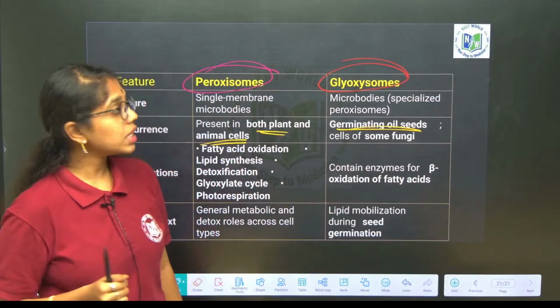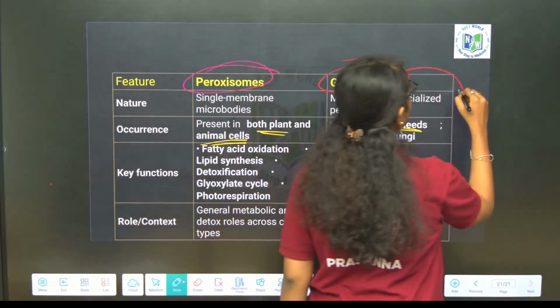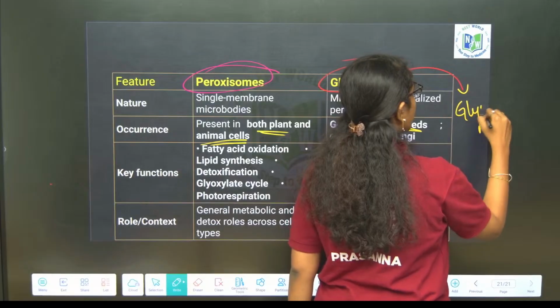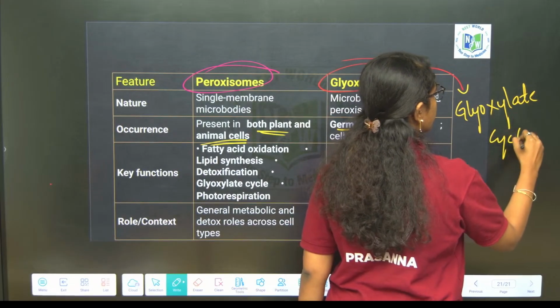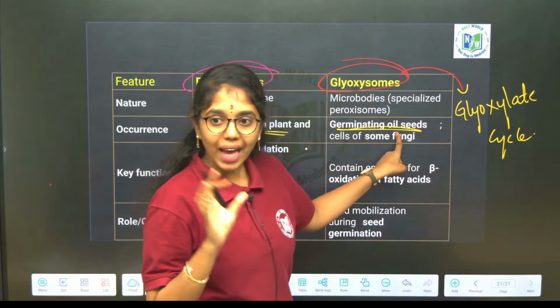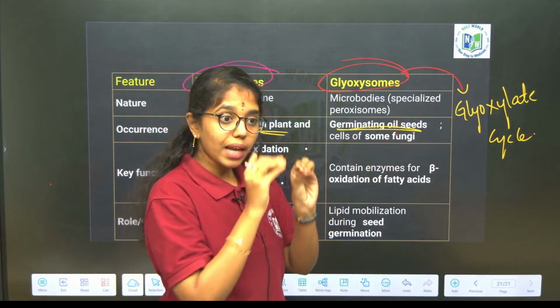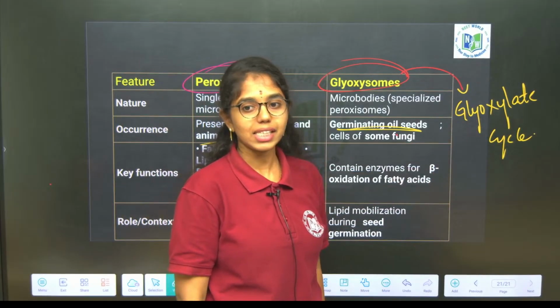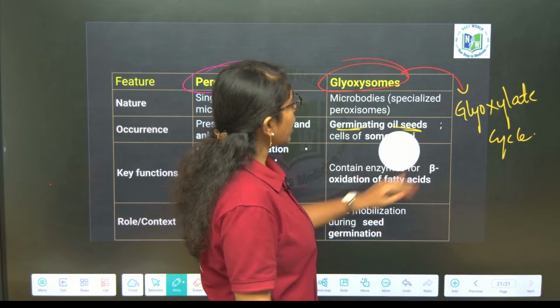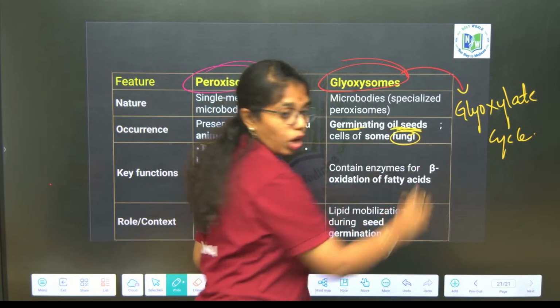Why? In glyoxysomes the glyoxylate cycle operates, where oil seeds have fats or lipids that are converted to simple glucose molecules by this glyoxylate cycle. They are also present in fungal cells and oil seeds.